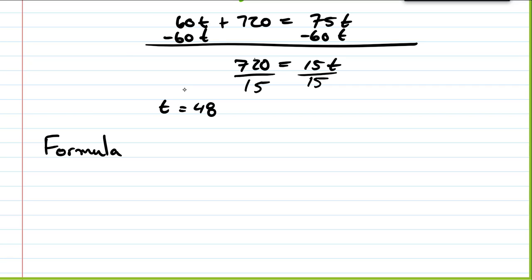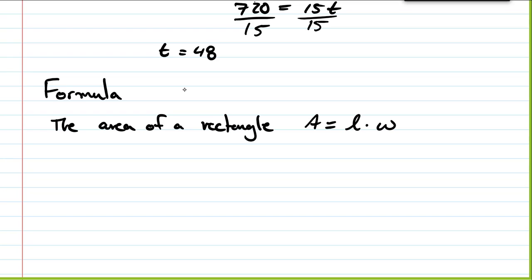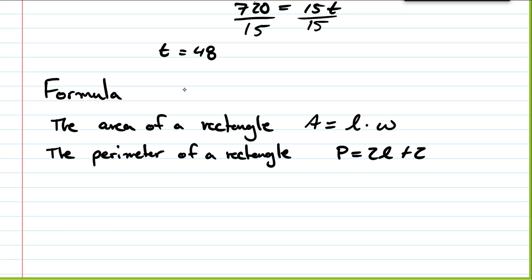So the area of a rectangle is given by area is equal to length times width, and the perimeter of a rectangle is P equals 2L plus 2W.